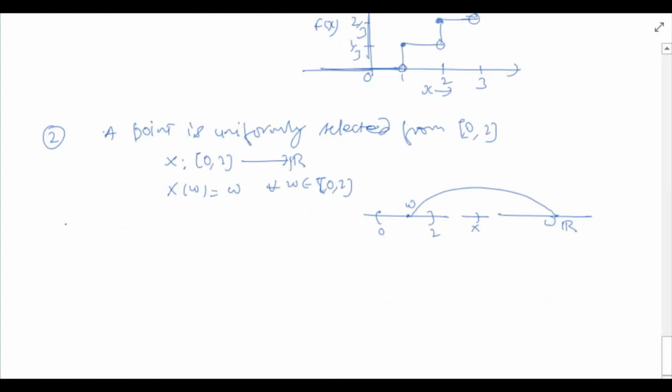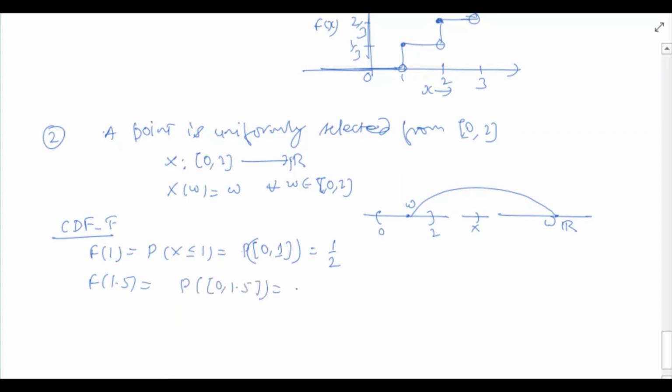In this case, we can define the cumulative distribution function F of the random variable X as follows. F of 1 will be the probability that X is less than or equal to 1, which is the same as the probability of the set 0 to 1, and since the point is uniformly selected from 0 to 2, this probability would be half. Similarly, F of 1.5 will be the probability of the interval 0 to 1.5, and this will be 1.5 divided by 2.